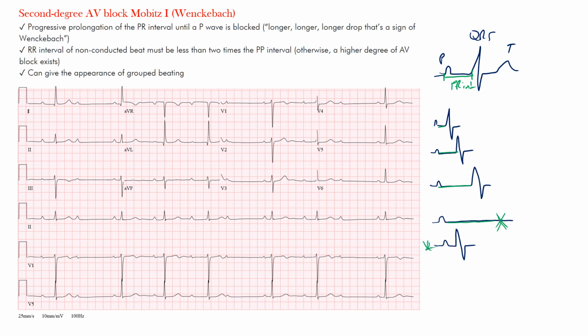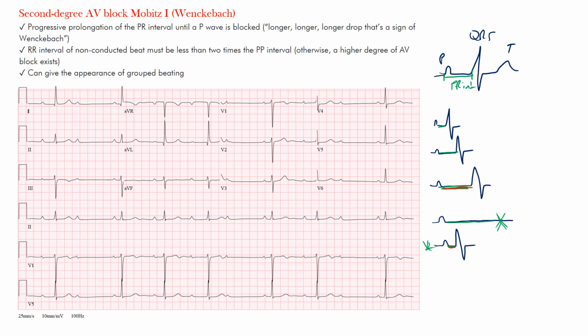Okay, and notice that the PR interval here is shorter than the one that precedes the dropped beat, which would be this one here. So notice that this PR interval after it is shorter than the one that precedes the dropped beat. Okay, that's a clue to tell you that this is Mobitz type 1.